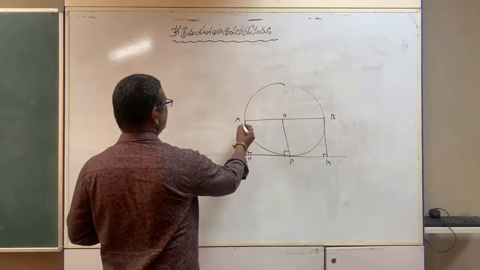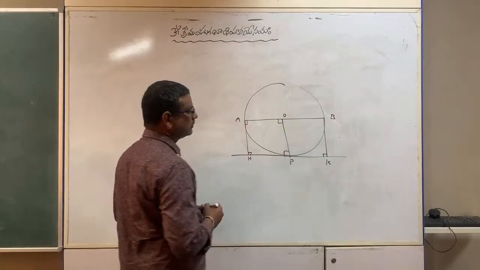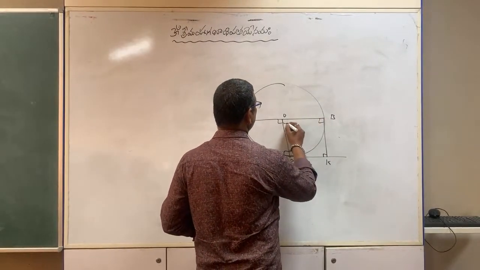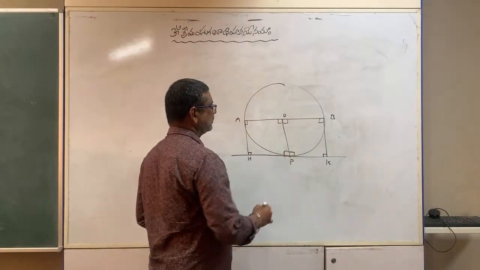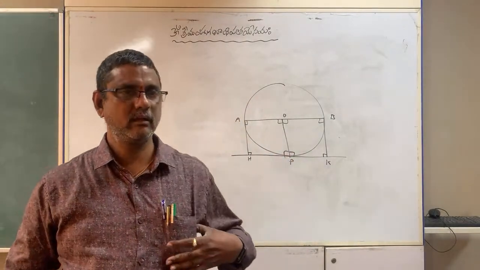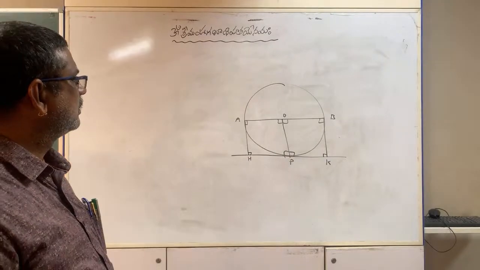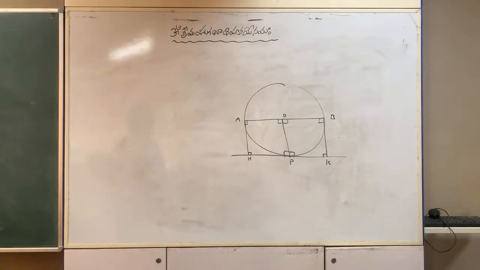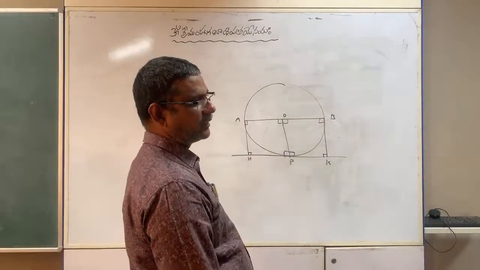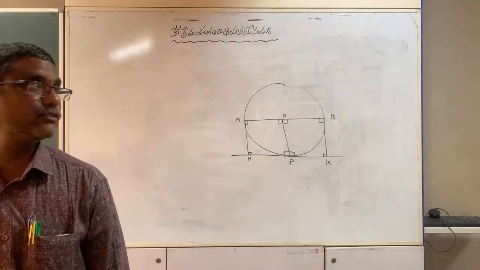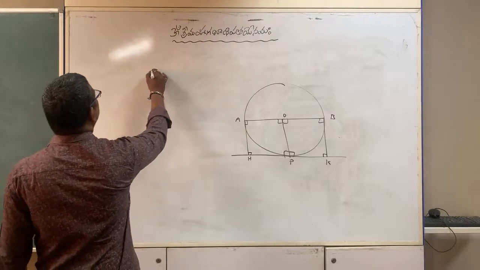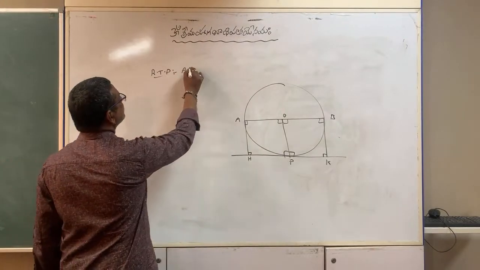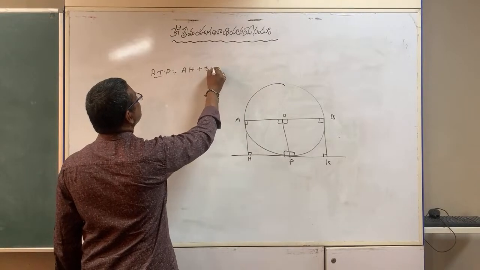So then it will be a square, sir. Two squares. OBK kuda, so two squares are formed. Sir, two squares or a whole rectangle is formed. ఇదేమిటి స్క్వేర్ రెక్టాంగిల్ అయింది. నేను ఏం చూపించాలి? Prove AH plus BK is equal to AB.